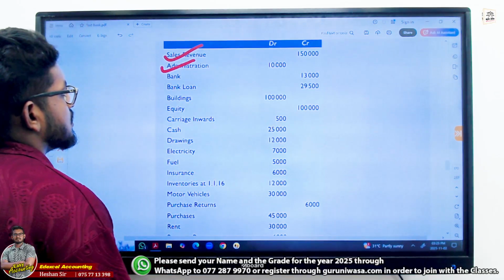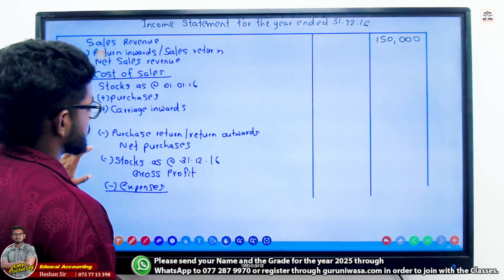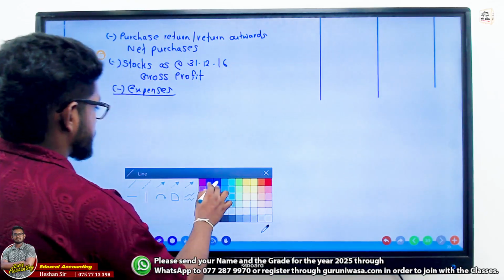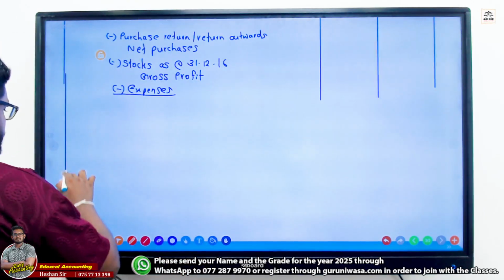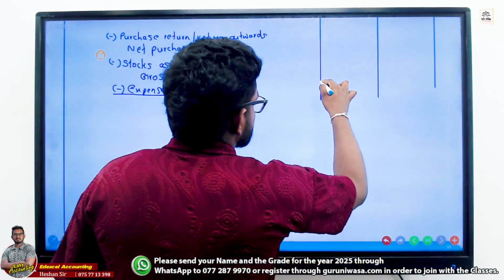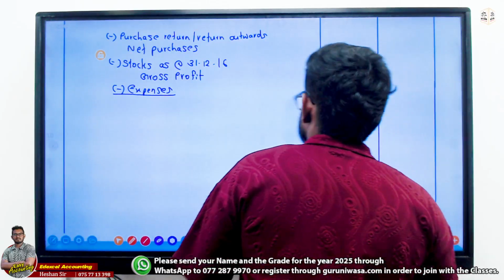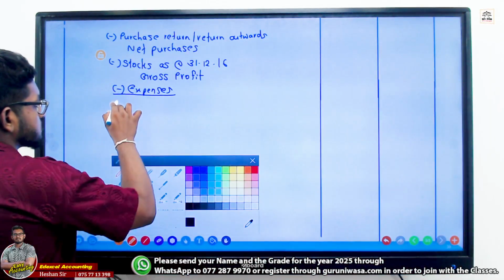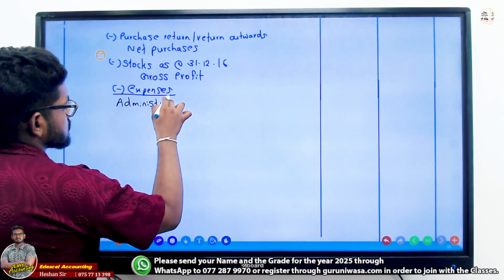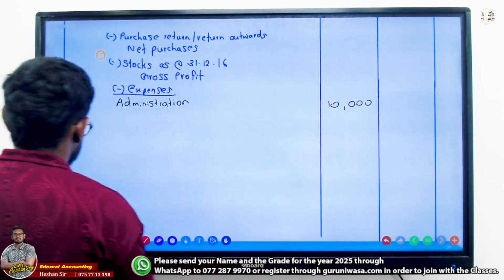So administration is an expense, so it comes under debit, under the expenses. Administration expenses 10,000. Done.